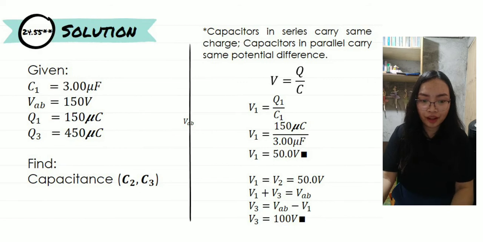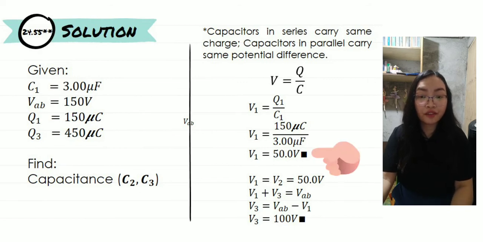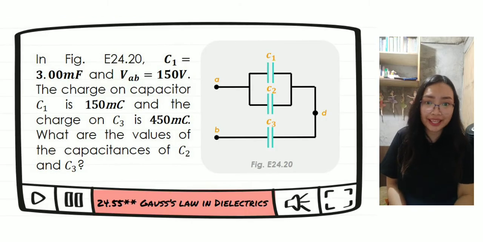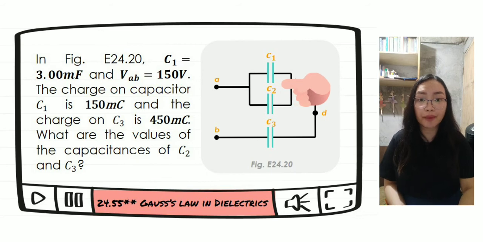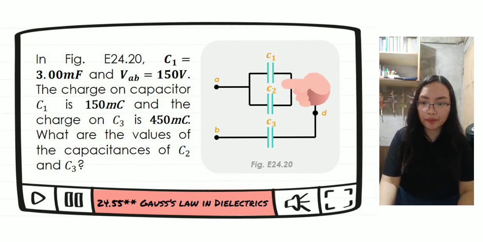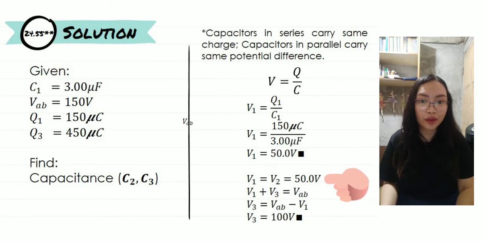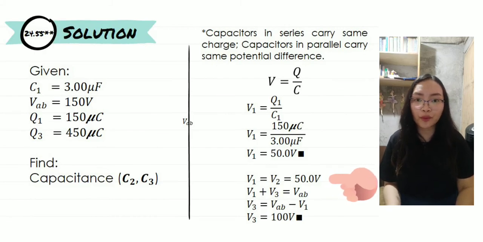Upon dividing the two values, we will obtain a value of 50.0 volts. Going back to the figure, we can see that capacitor 1 and capacitor 2 are actually connected in parallel. It means that these two capacitors have the same voltage. So our V1 will be equal to V2, and both of them will have a value of 50.0 volts.